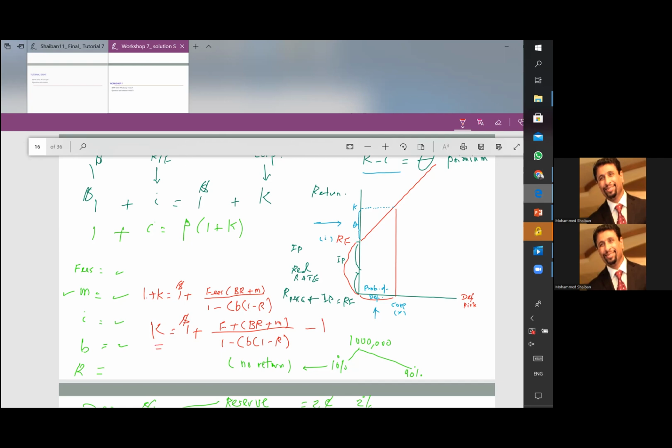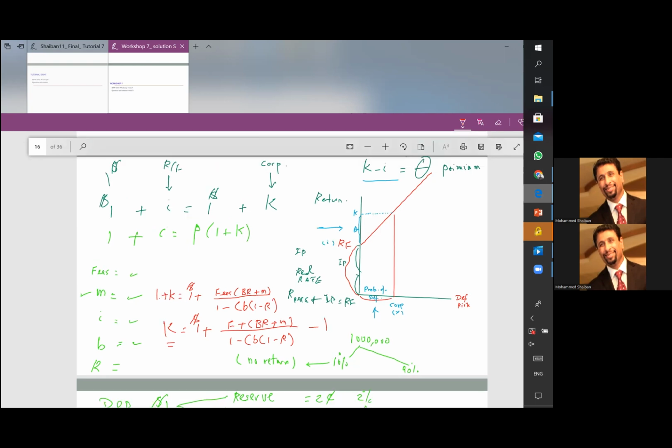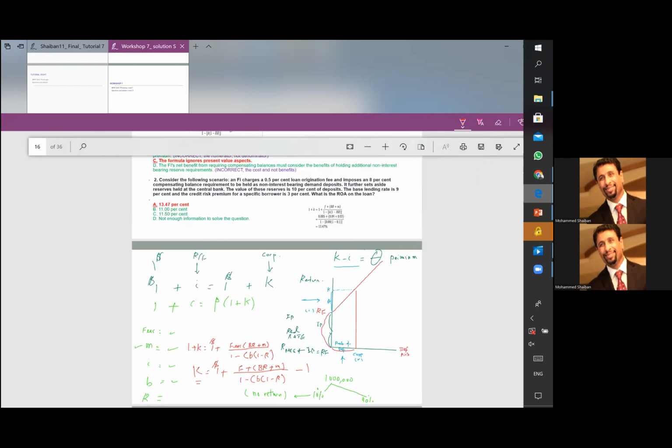And this is how you calculate the K. So I want you to understand this issue. If you go back to this problem, you will find that when they want me to calculate the K, it is not only calculating the premium, but the other things too.